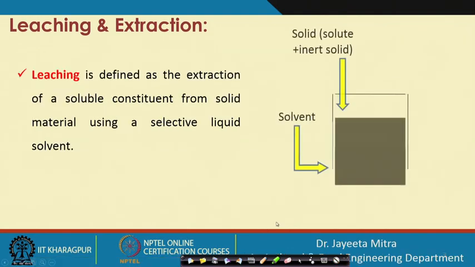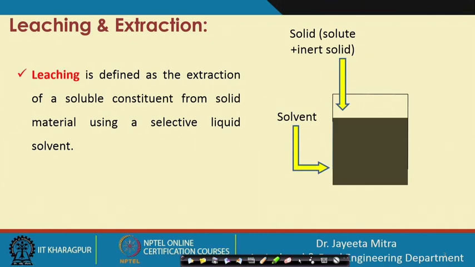If you consider leaching, the specific difference between leaching and solvent extraction is that in leaching, solid and liquid come into intimate contact, so that some solute component from the solid will dissolve into the liquid and get separated, whereas in extraction, or specifically solvent extraction, two liquid phases come into contact, and then solute from one liquid will go to the other liquid, provided that the second liquid has higher affinity towards the particular solute component that we want to separate.